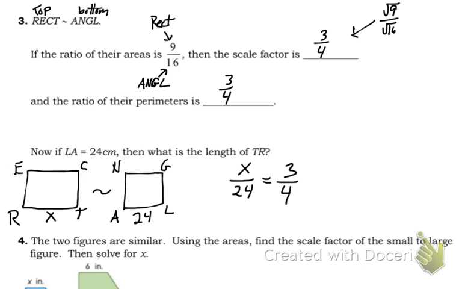I just transposed it for some reason. Rewriting this, we can use cross multiplication. 4x equals 72, so x equals 18 once again.